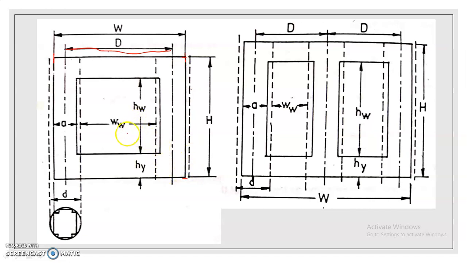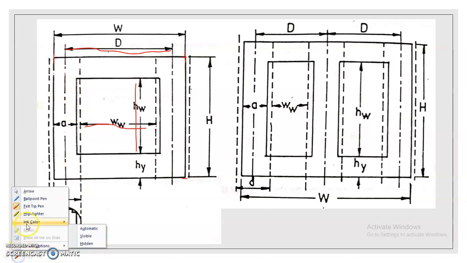HW and WW indicate the dimensions of the window. That window has a width WW, this one, and height HW. If you observe WW, it is measured from one end of the core limb to the other core limb, but excepting this portion, which I am marking here.